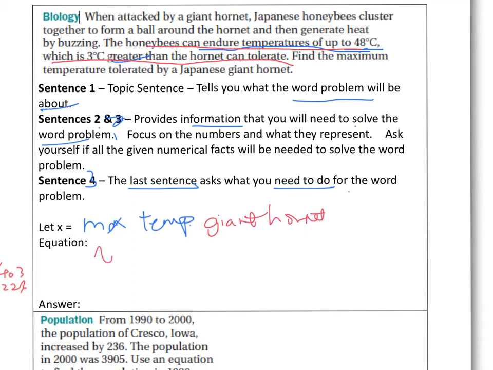So x plus 3 will represent the temperature which honeybees can endure. And it also tells us that 48 degrees Celsius is the maximum.